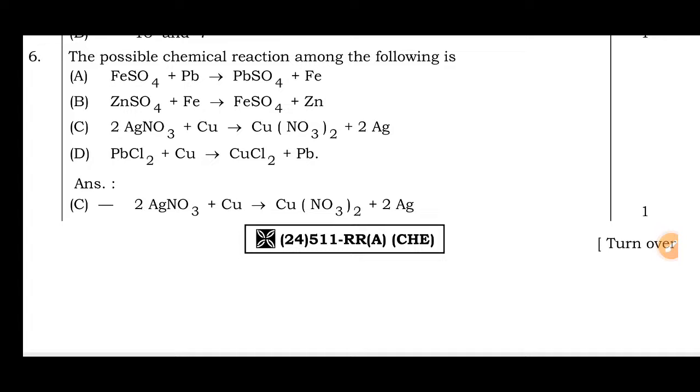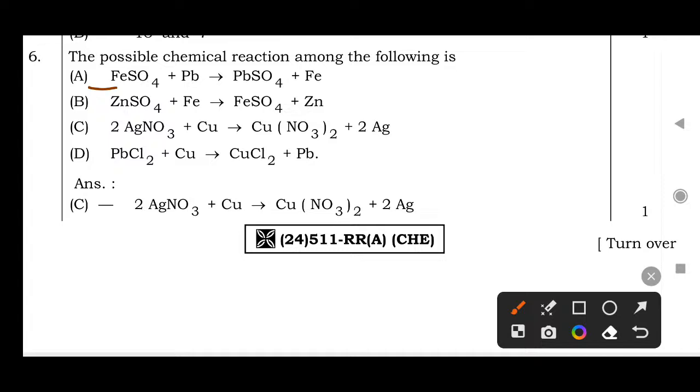Then next, the possible chemical reaction among the following is. See here, iron is more reactive than lead. Then if you take zinc and iron, iron is less reactive than zinc.